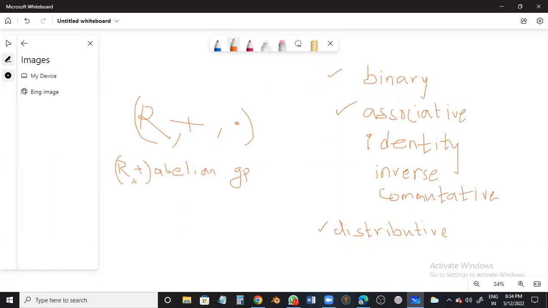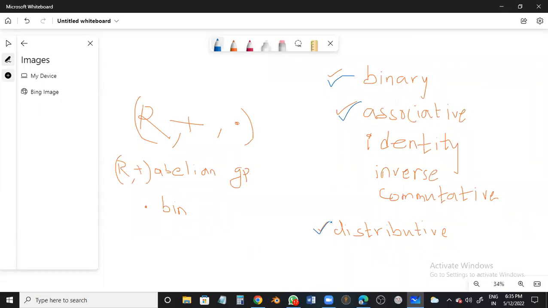We call it an abelian group. Along with that, you have multiplication, and multiplication satisfies 3 conditions: binariness, associativity, and distributivity over addition. I call it simply a ring.